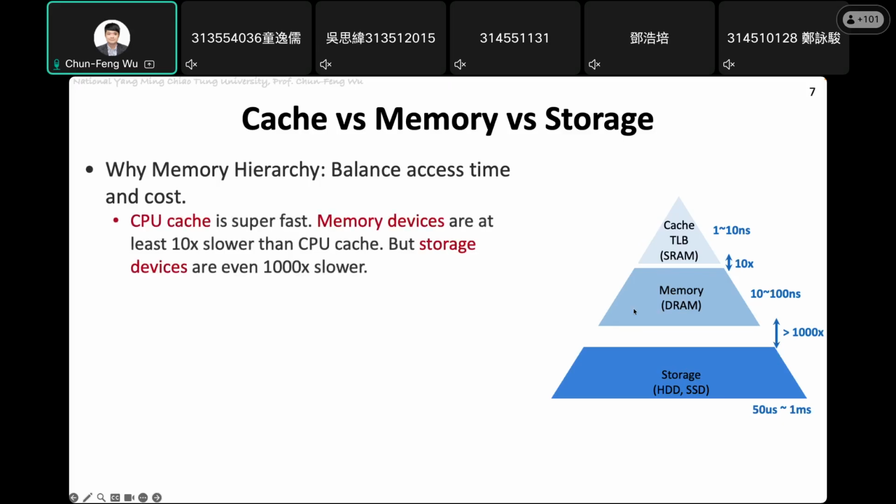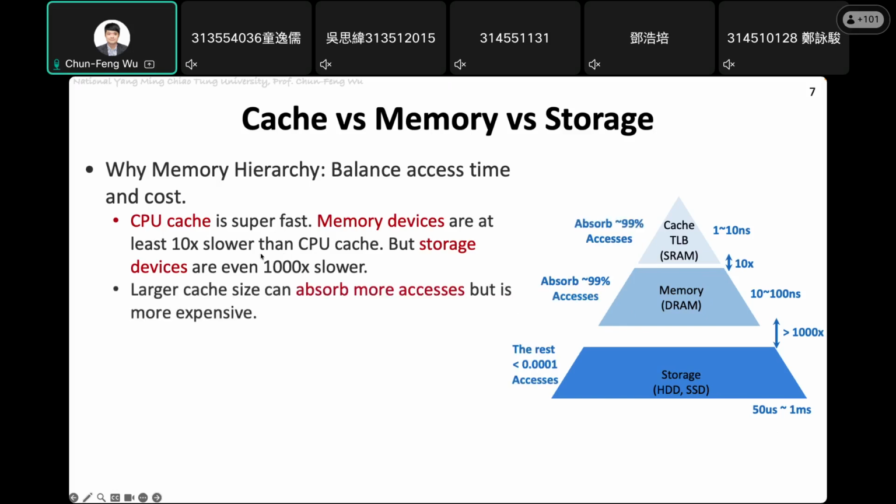Okay, so here is the fast part. CPU cache is super fast. And even currently, because your processes usually have locality, even if you only have a not huge cache and not large DRAM, it is already enough to absorb something like 99% of the accesses in the cache and memory.